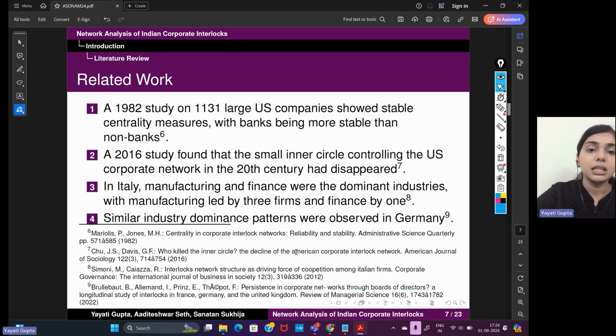Many such interesting results have been shown for other economies like Italy and Germany as well. Our aim in this work is to do a similar analysis for the Indian corporate landscape.